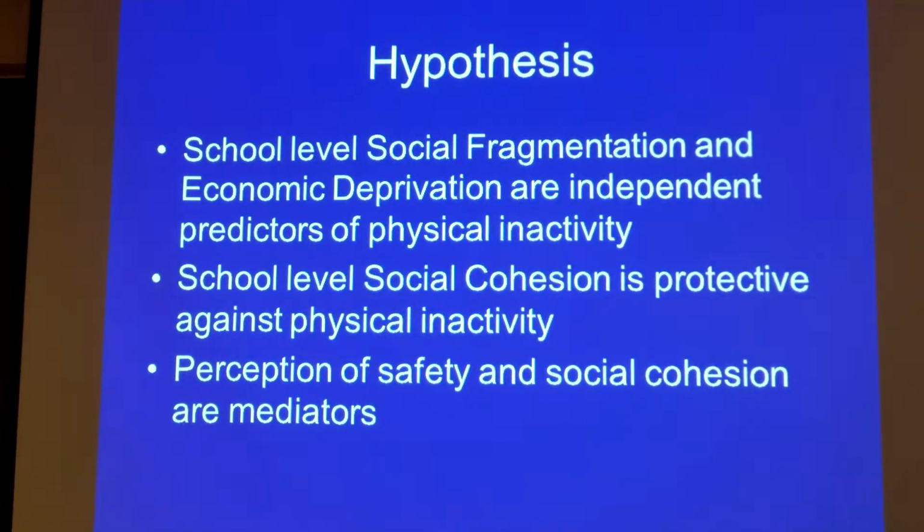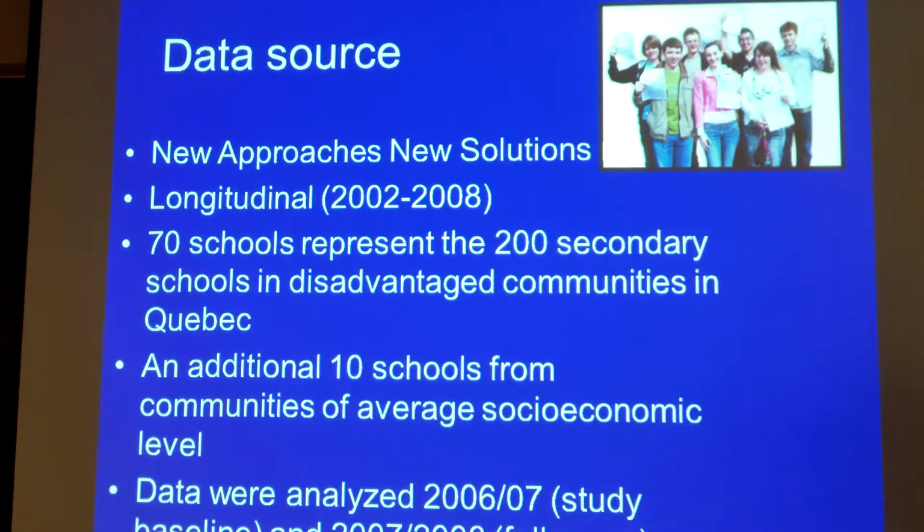The hypothesis again: school level social fragmentation and economic deprivation are independent predictors of physical inactivity, school level social cohesion is protective against physical inactivity, and safety and social cohesion are mediators.